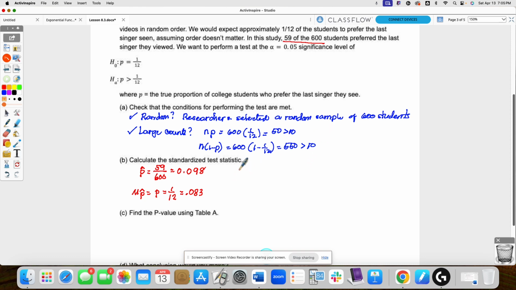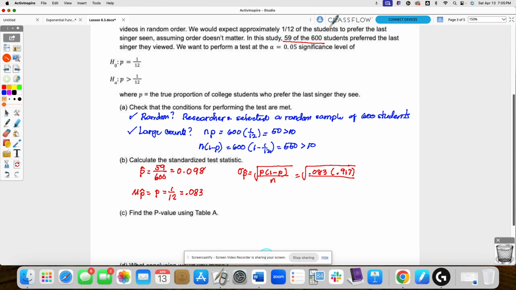Now we calculate the standard deviation. The standard deviation of p hat is equal to the square root of p times (1 minus p) over n. Let's plug in. Our p is 0.083, times 1 minus p, so 1 minus 0.083 is 0.917, divided by n.